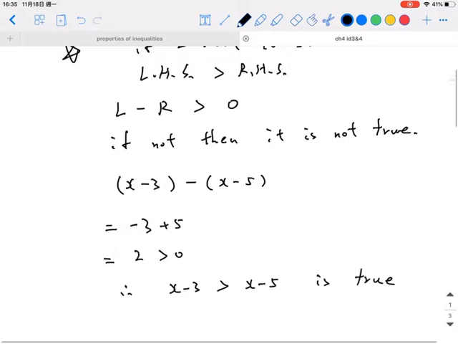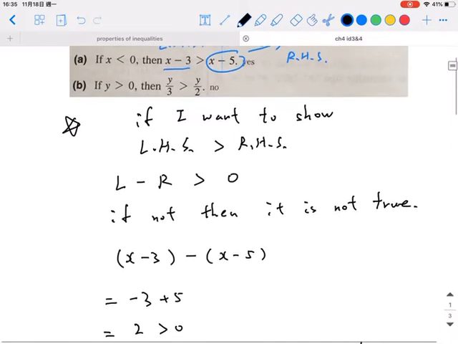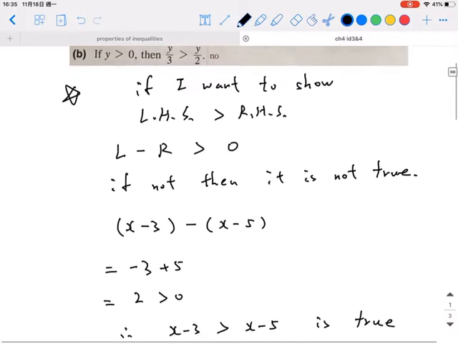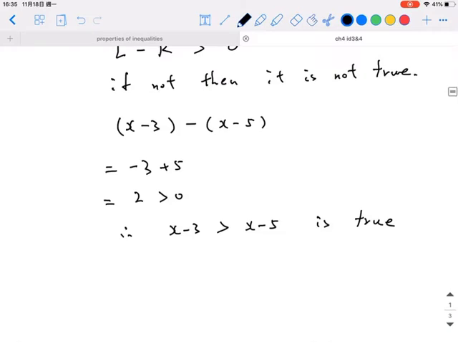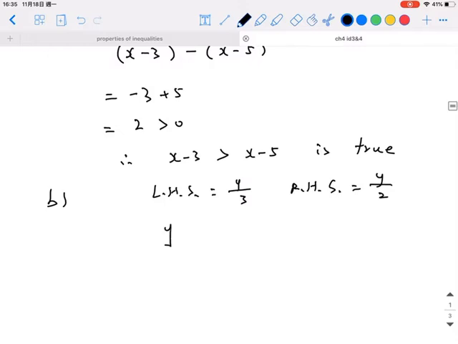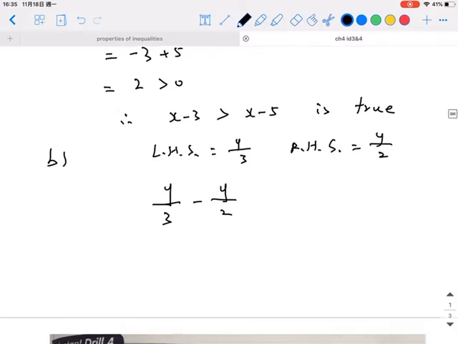Okay, for question B, if y over 3 is greater than y over 2, is it true or not? The left hand side is y over 3, and the right hand side is y over 2. This time y over 3 minus y over 2 equals (2y minus 3y) over 6, which is negative y over 6.